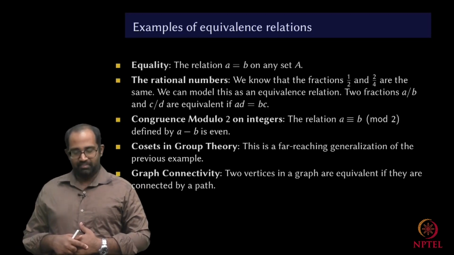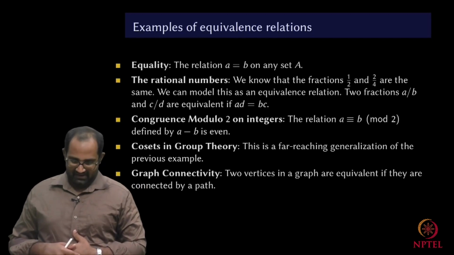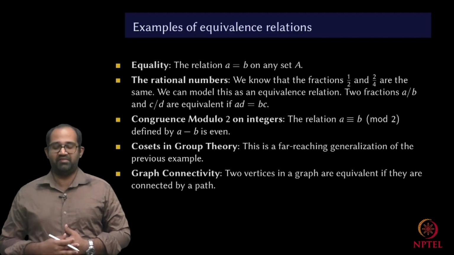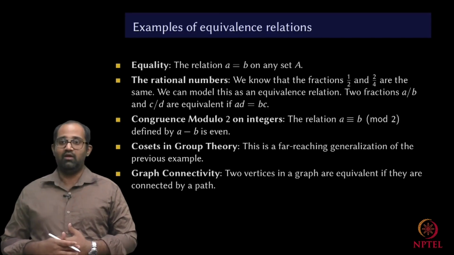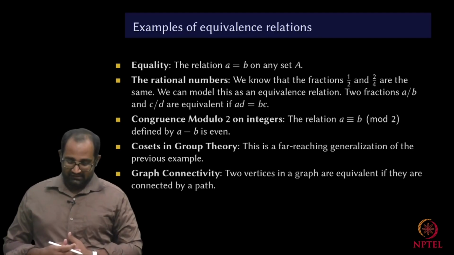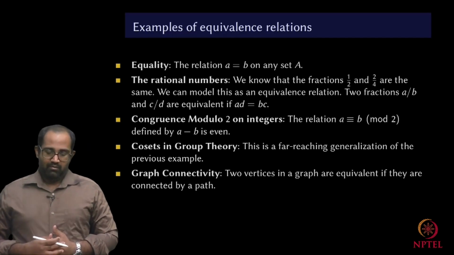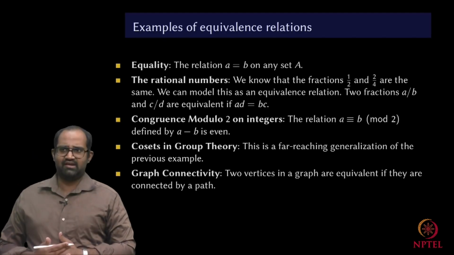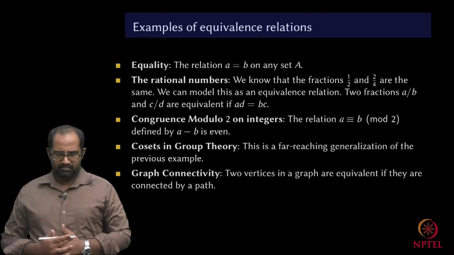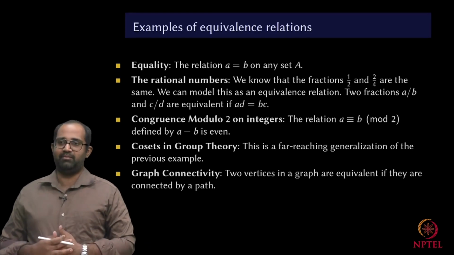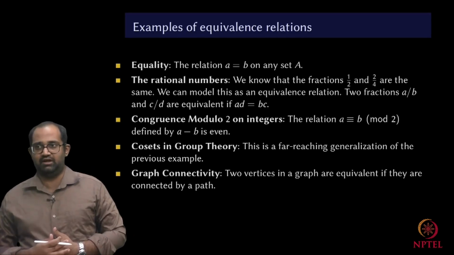Well, as you can expect, the first example is rather trivial, that just says that equality is an equivalence relation. Obviously, it better be, because that was the model for our equivalence relation. The second one is a non-trivial one and is very interesting. Way back when you were in 7th standard or something, or even before that, depending on which school and which curriculum, you would have learned something called the rational numbers.